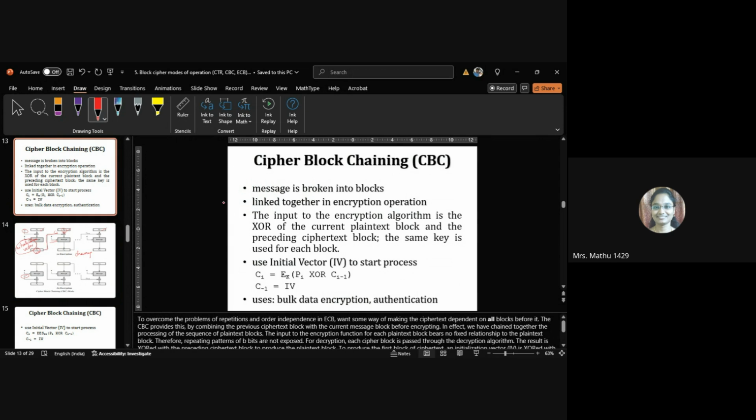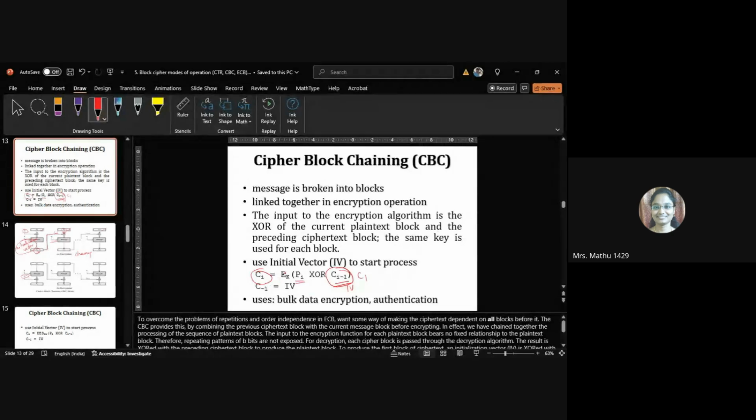And so you can see here, initially the initialization vector is used for the first plain text block. So in the first phase it will be the initialization vector, and in the remaining phases it will be C1, C2, C3 and so on.